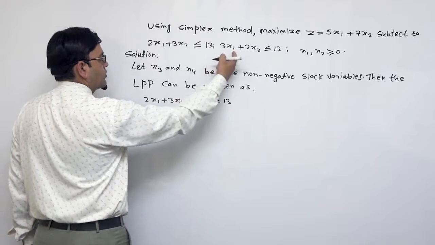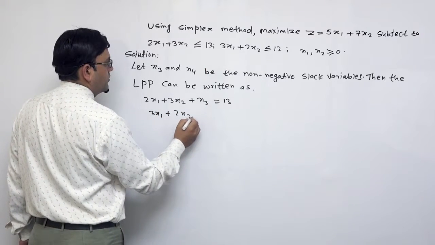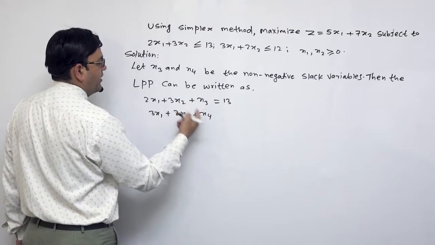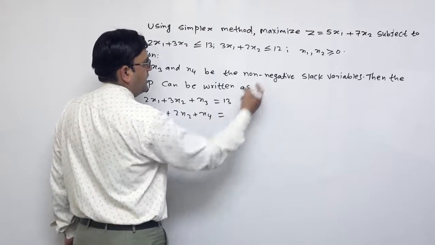Next one is 3x1 plus 2x2 plus x4. Here is x3 and here is x4. These two are non-negative slack variables. This equals 12.